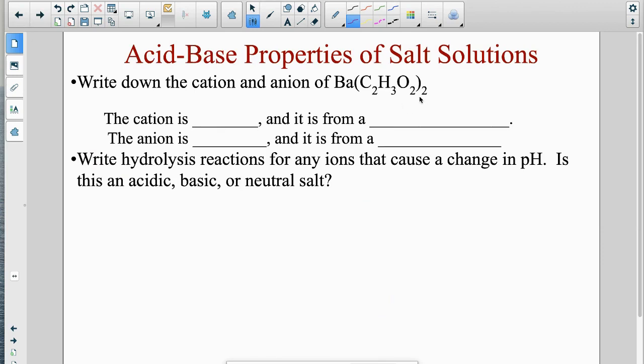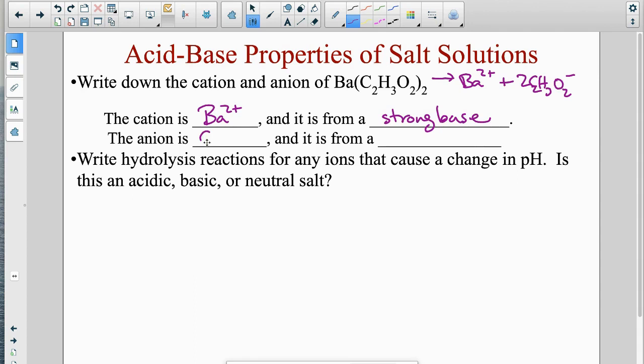So we did this exercise just to make sure we understand how to break up the parts here. This is a soluble salt. We can break it up into 2 ions, barium 2+ and 2 acetate ions. The cation is going to be barium, and it is from a strong base.